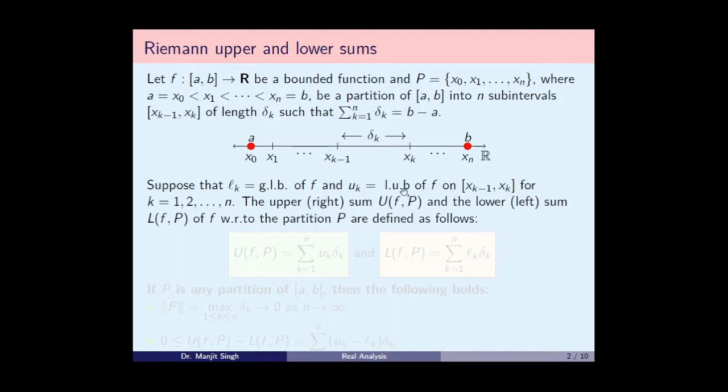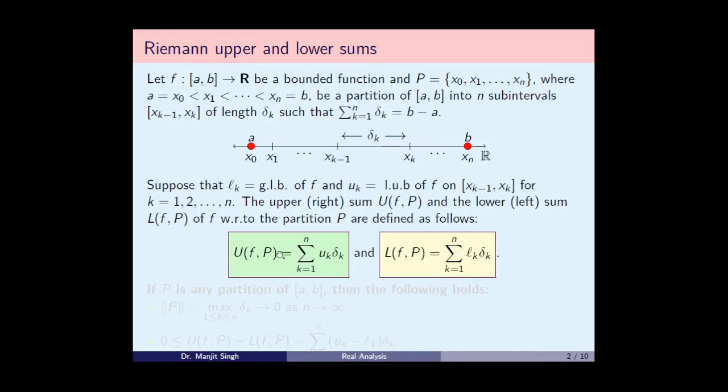Corresponding to these, we can define the upper sum and lower sum of a function with respect to the partition P. The upper sum of the function f with respect to partition P is the sum of uk delta k from k is 1 to n, and the lower sum of function f with respect to partition P is the sum of lk delta k from k is 1 to n.